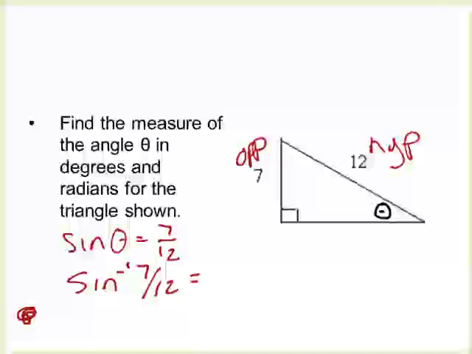And I was in degrees first, so that gave me right about 35.7 degrees. And then reevaluate in radians. Gives me about 0.623.